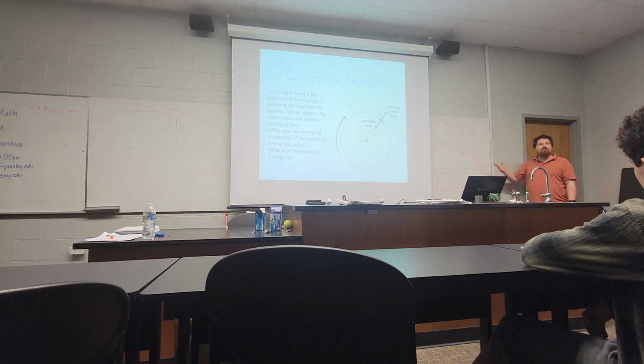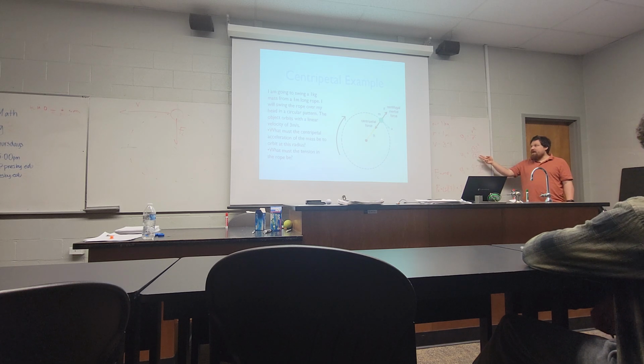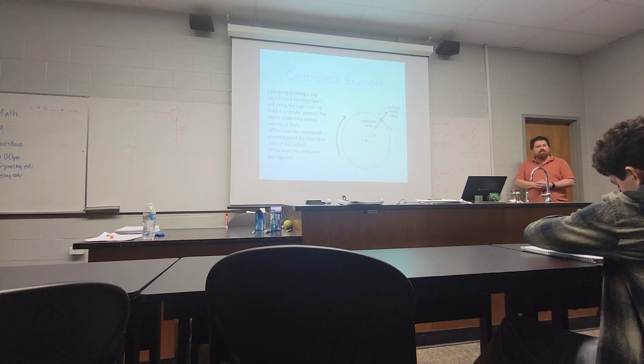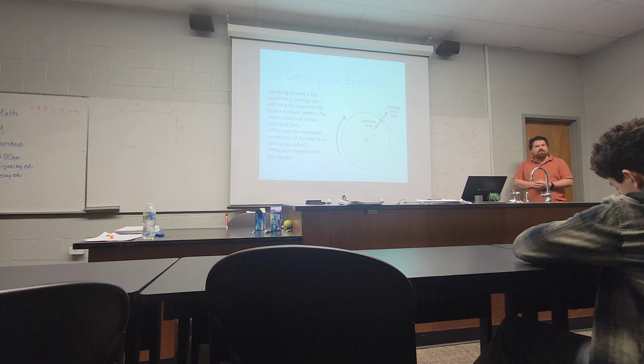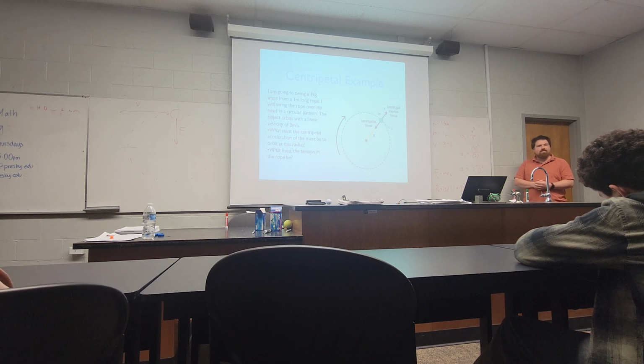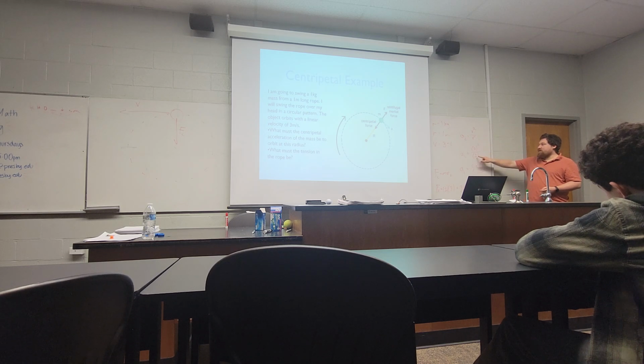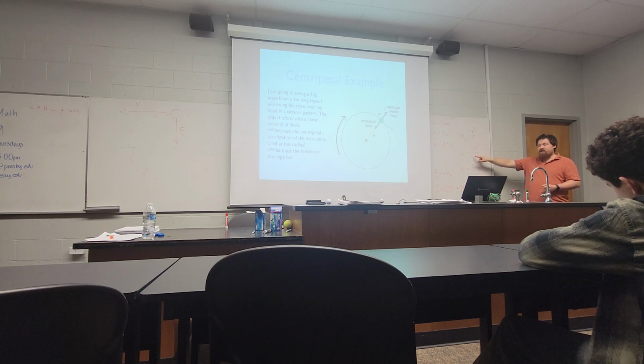We are now going to make the string twice as long, so our radius is now going to be 2 meters. What effect is that going to have on all of our calculations? If our radius doubles, we're going to divide by 2 instead of by 1. That's going to cut our centripetal acceleration, and therefore the centripetal force as well, in half.